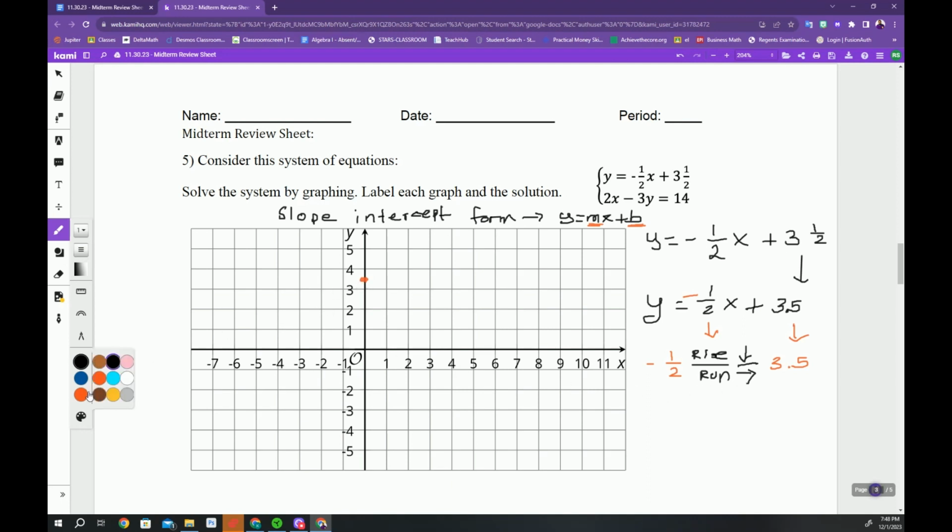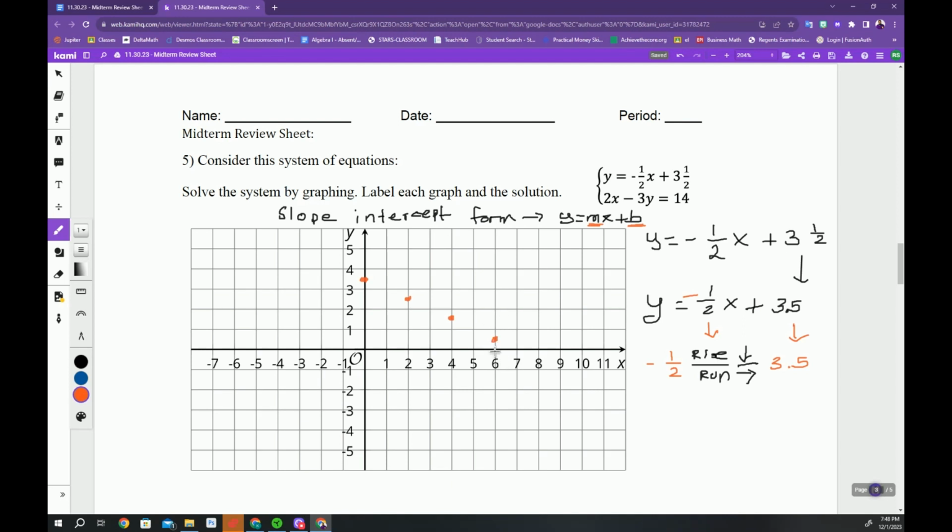Start at your y-intercept, and go down 1 whole unit and 2 to the right. That's another point. Go down 1 whole unit and 2 to the right. That's another point.